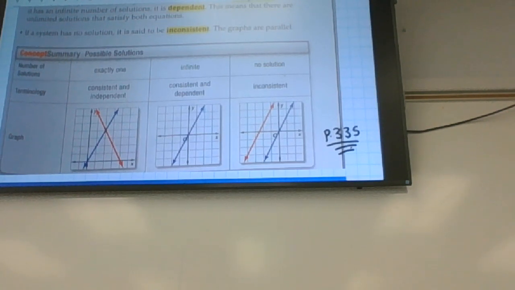And then 10 through 13, I want you to graph on your own. Be sure to graph number 10 through 13. They show you a picture for 10 through 13, but I want you to graph it anyway.